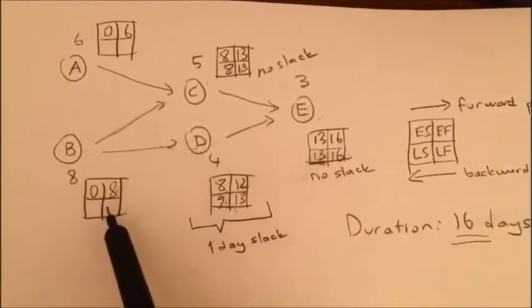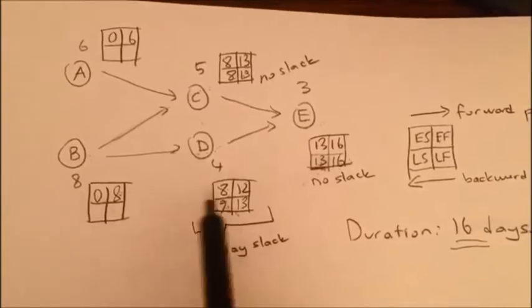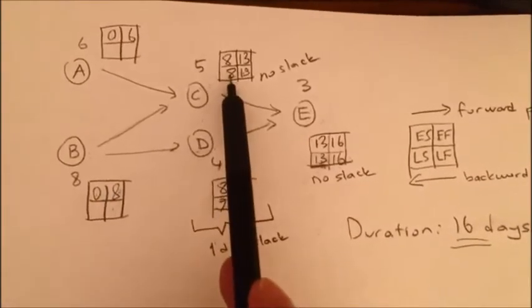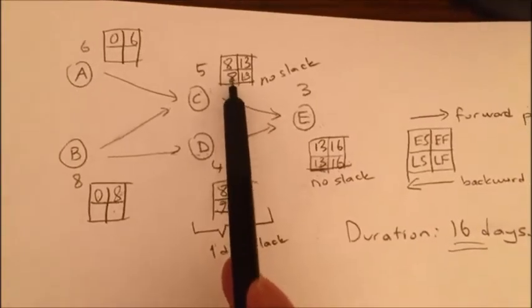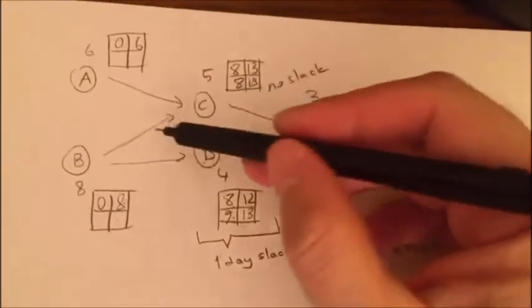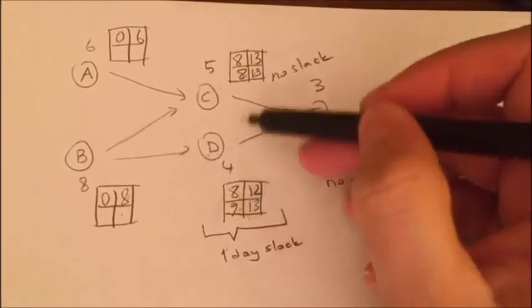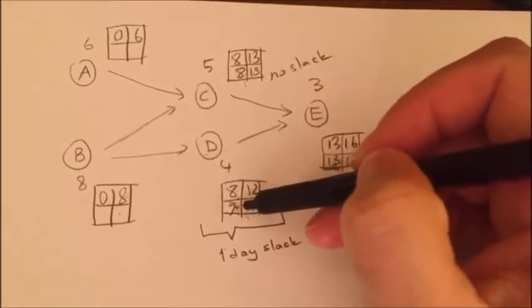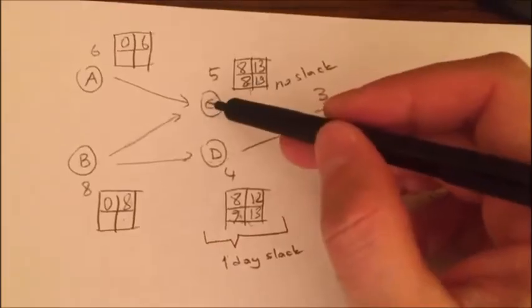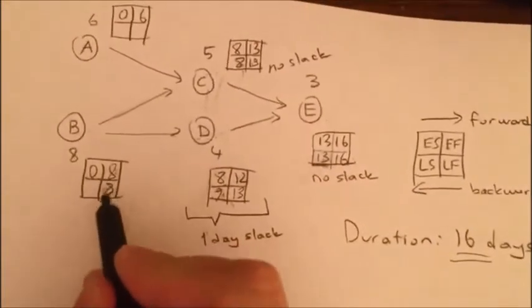If I make my finish day for B 9, then C cannot start at 8 anymore. It has to start at 9, so it's going to delay my project. So whenever I have 2 followers, I have to be cautious and pick the smaller one. So I can only finish B the latest at 8 because there are 2 things waiting for me. So it has to be 8 and 0.